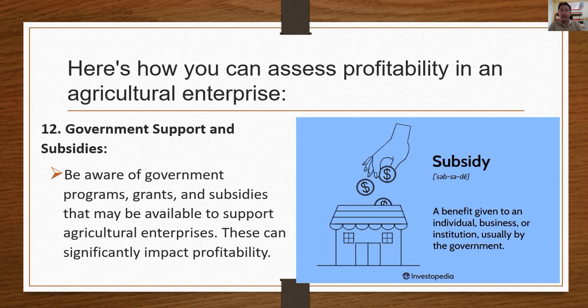You may scout in our Department of Agriculture and other agencies that promote food security. This can significantly impact our profitability, especially if you receive grants for mechanized technologies that really increase your efficiency in production or processing. It really gives you greater impact.